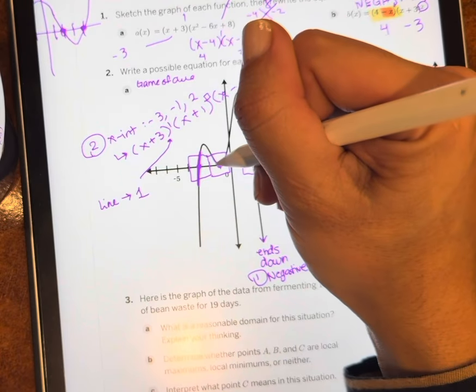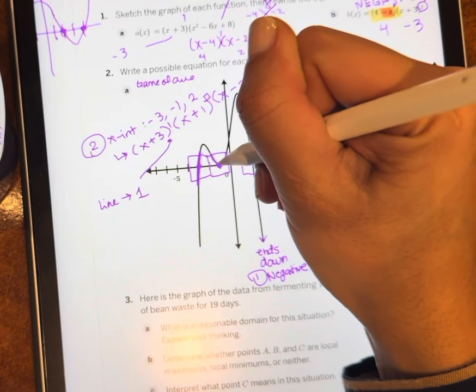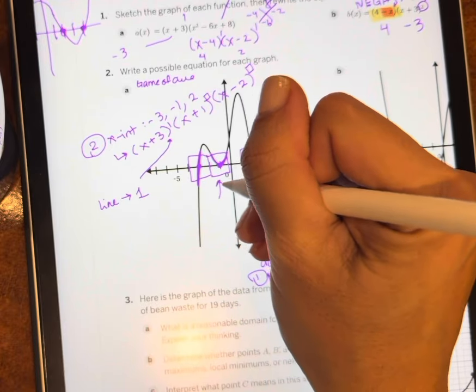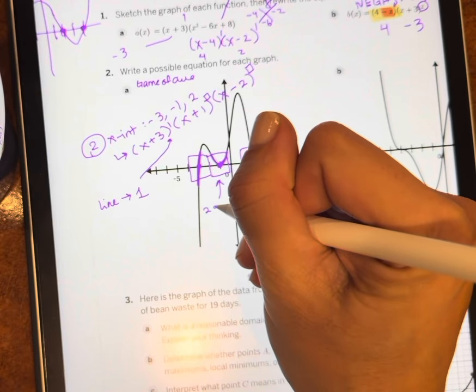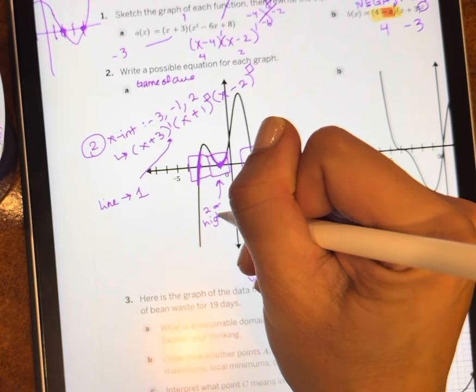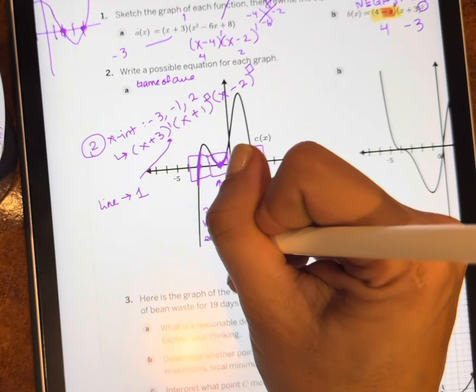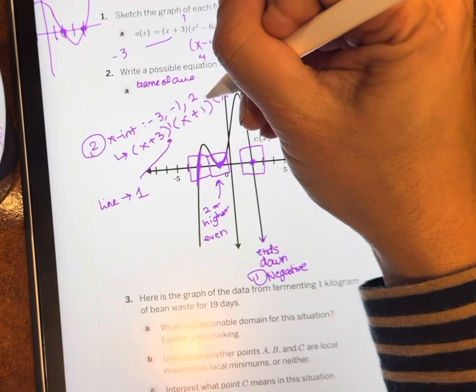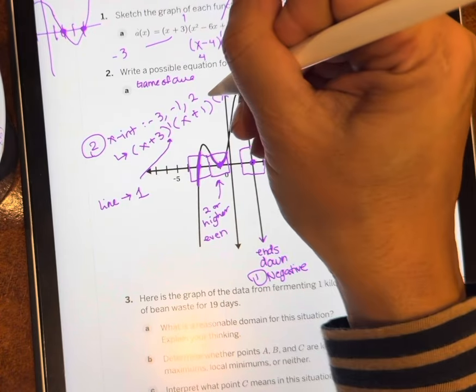If it does a little parabola shape and it bounces, then it's a 2. So right here, that's a 2, or potentially higher, as long as you stay even, all right? But I'm gonna go with 2. I'm not trying to get fancy here.